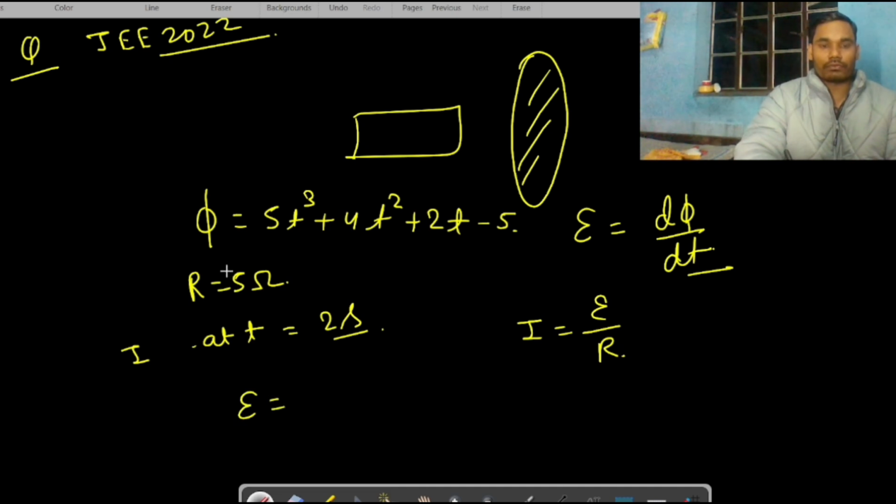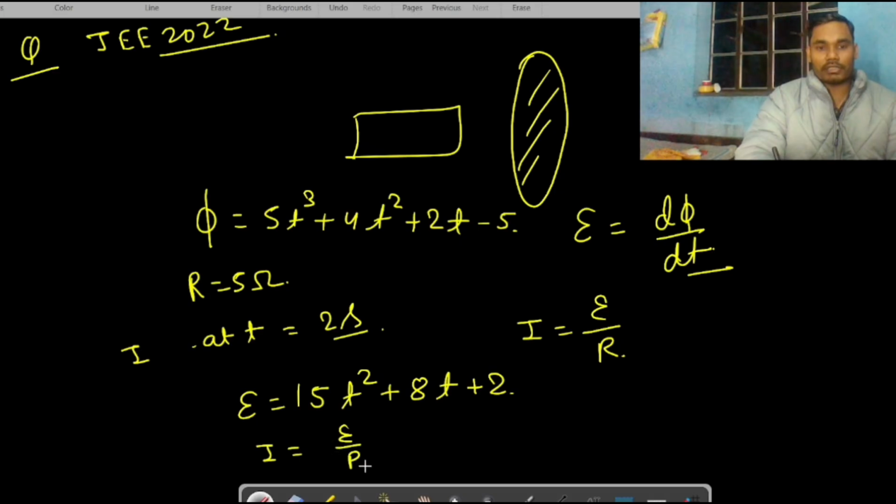EMF will be the derivative of this flux: 15t square plus 8t plus 2, and when we divide it by the resistance of 5 ohm, we get current: 3t square plus 8 upon 5 t plus 2 upon 5.